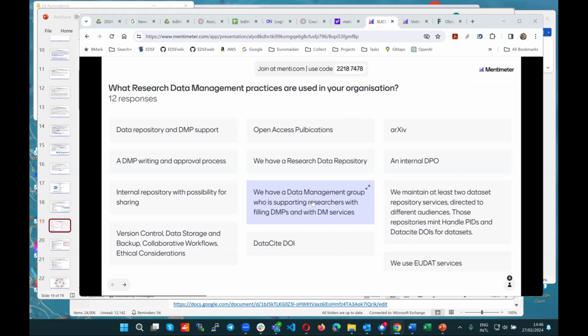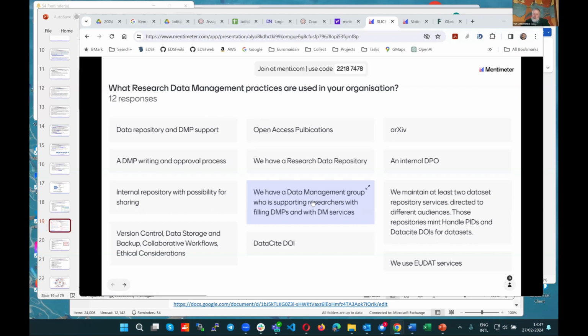I wrote it. They are not called data stewards because there is no such title in our institute. We are data managers.